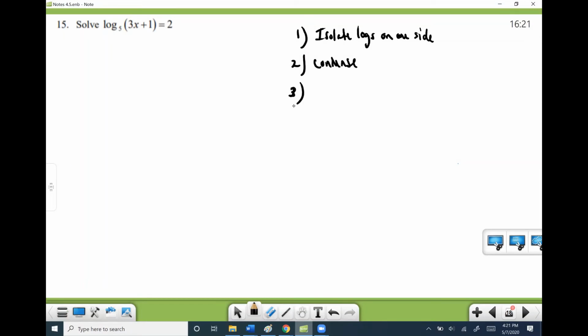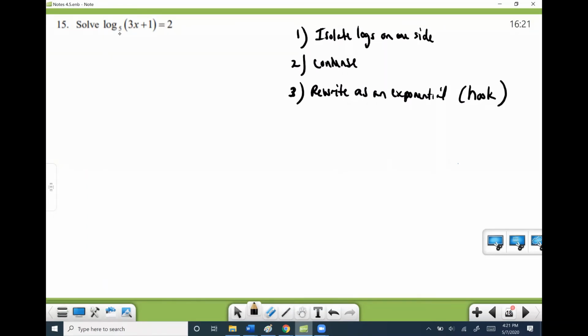So step three is to rewrite as an exponential. Okay. So I'm going to use the hook method. So that's hook, right? Hook method. My writing's really bad, you guys. Okay.